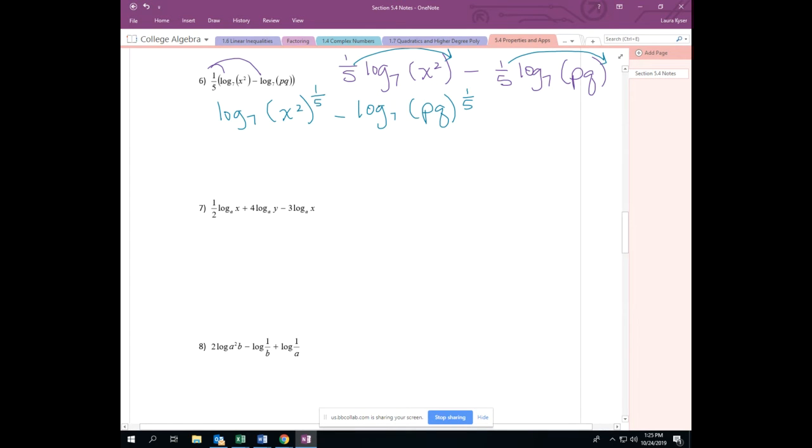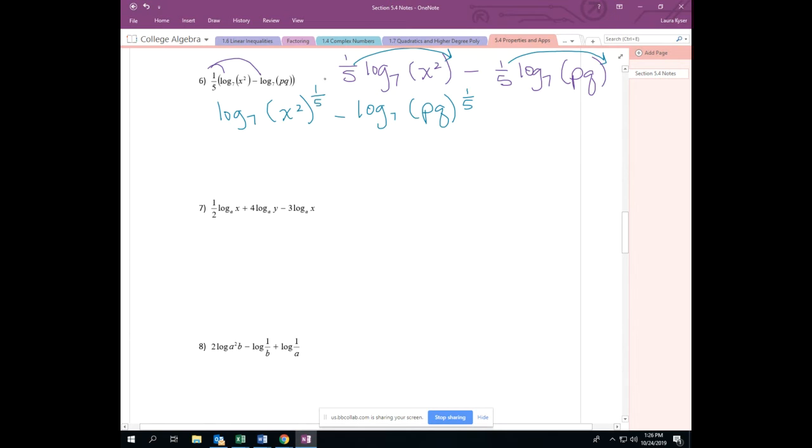Now, these two parentheses having a power on the outside, it doesn't matter that that power is a fraction. It follows the same power rule as regular exponentials. So that means that I have to follow the power rule to simplify each one of these expressions, to get it in simplest form.